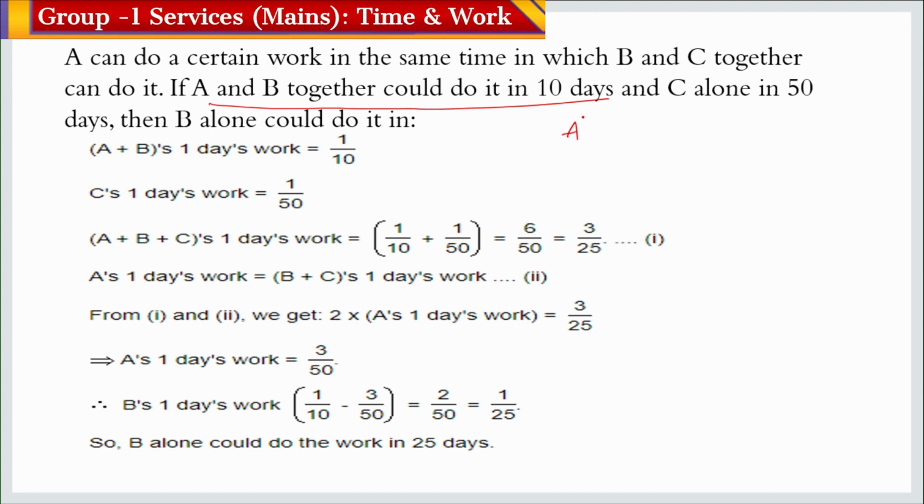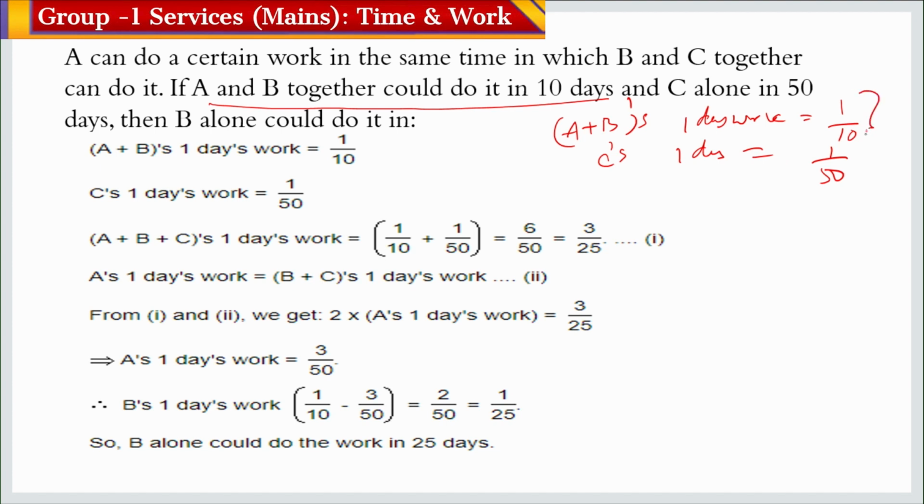So, A plus B's 1 day work is how much? 1 by 10. Correct? And C can do the work alone in 50 days, means C's 1 day work is 1 by 50.